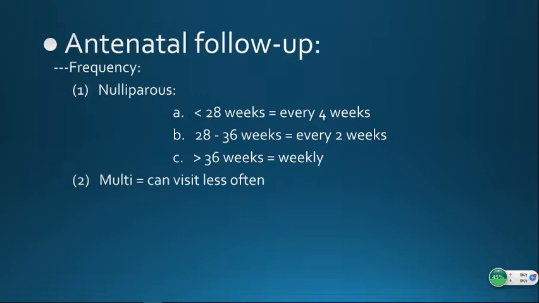And after 36 weeks, the baby is towards term, so you would like to have weekly visits. And these are standard time frames for a nulliparous woman, so a woman who hasn't been pregnant before. And for a multiparous woman, you might have less frequent visits.